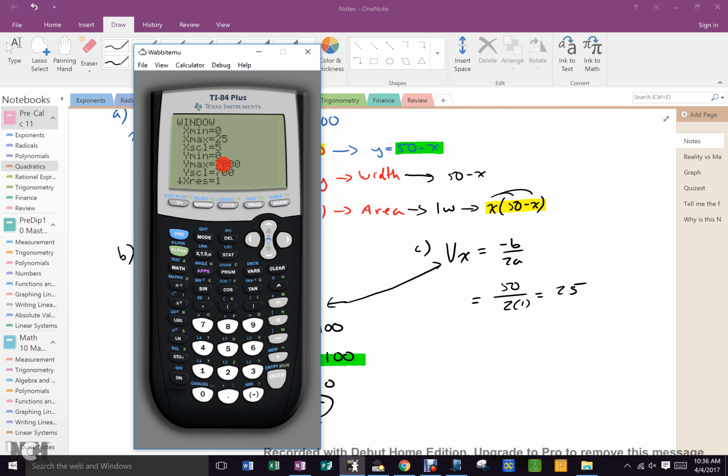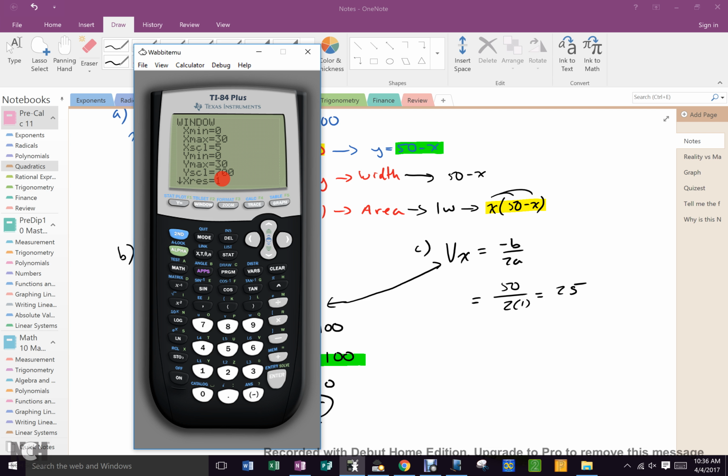What's the maximum length I could have? 25 again, yes? Now, should I use 25 and 25, or should I go a little bit past? A little bit past, or it's going to go right to the edge of the screen, right? So let's make this 30.